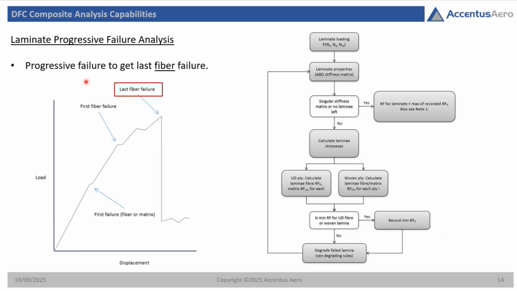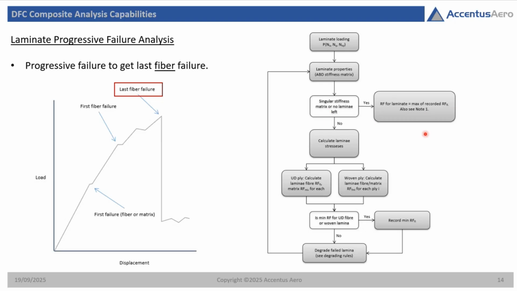If we now move on to last fiber failure, what to do here is just keep on repeating that process as for the first fiber, and we keep on degrading the stiffness matrix. In this process, every time we degrade it, we record the RF of that process, and the iteration is stopped when we have a singular stiffness matrix or there is no lamina left for the calculation.